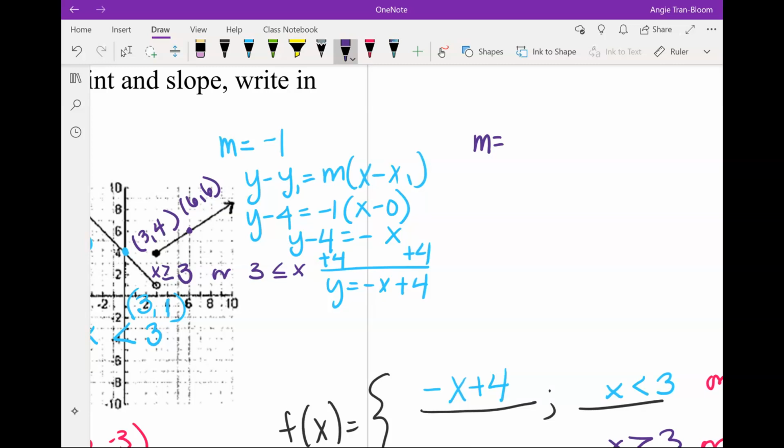Elena, what is your slope? 2/3. Elena said 2/3. Do you guys agree? Yes. Okay. Then we are going to pick a point.